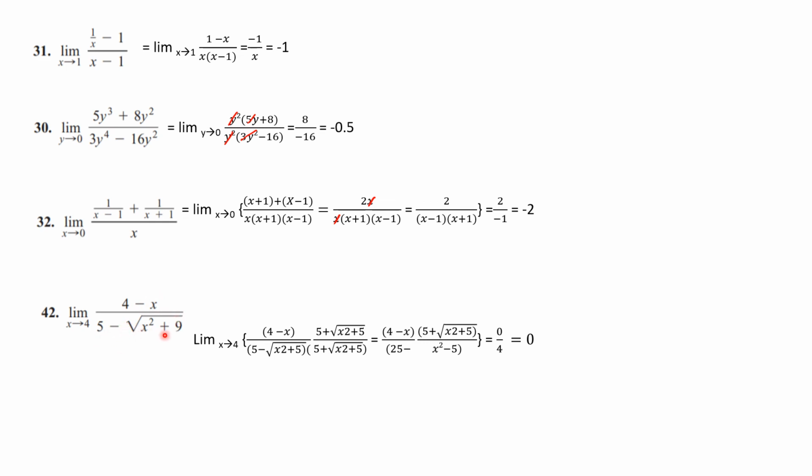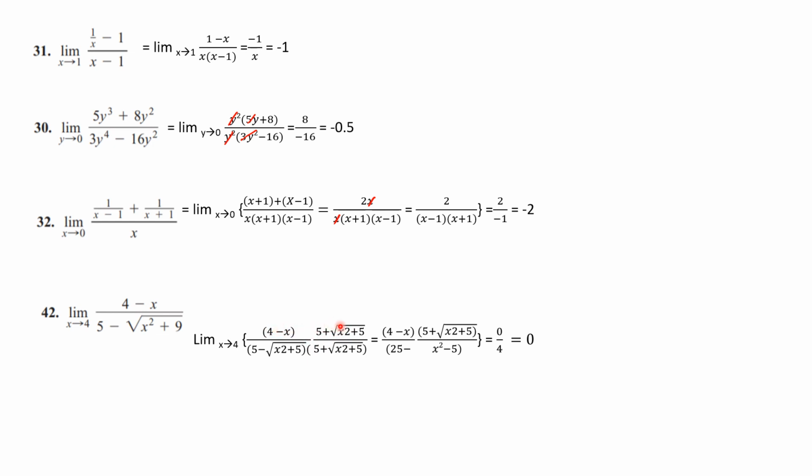And if we do so, the limit will be for x approaching 4 of (4 minus x) divided by (5 minus square root of x squared plus 5), which is the function, multiplied by the conjugate of the denominator, and the same value is multiplied by the numerator.